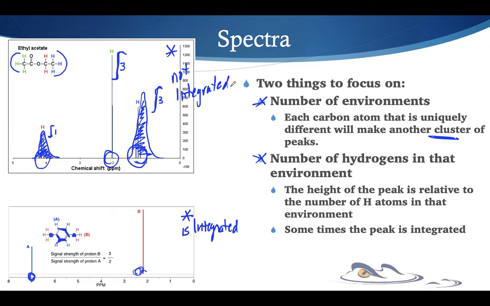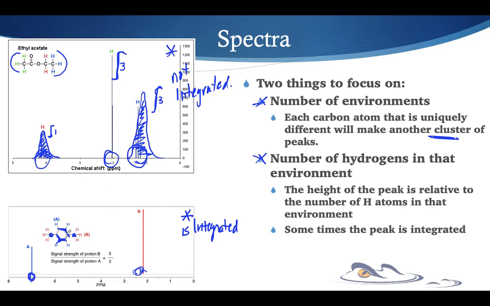Okay, so the one that is integrated, you don't see the multiple peaks with this, do you? You just see one peak because it's integrated already. And now the height of this bar is relative to the number of hydrogens that are in that environment.